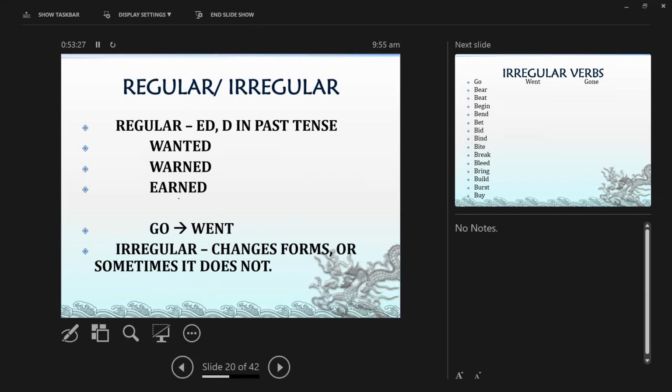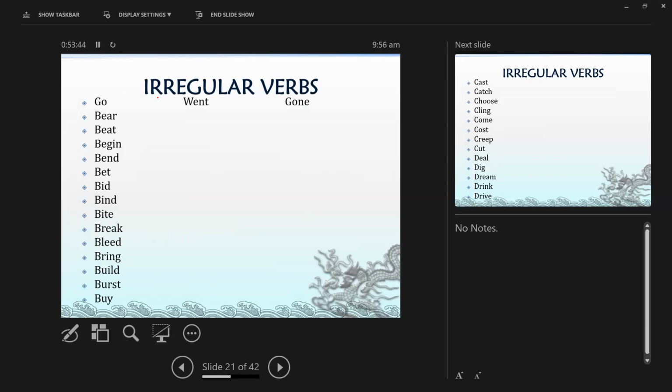An example of irregular verb is run. Okay? You can't say she runned. You can only say she ran. She ran. Run, ran, run. Okay. These are examples of irregular verbs.